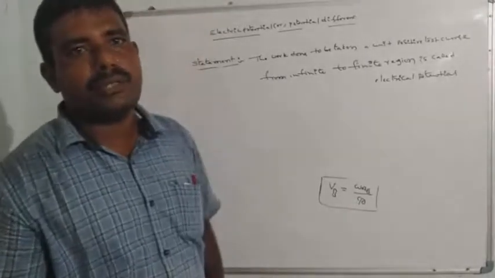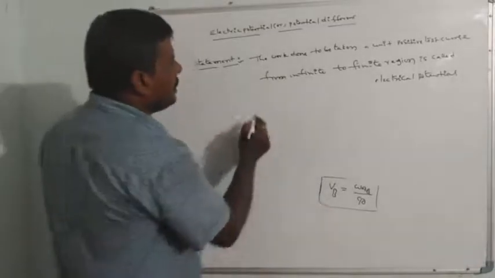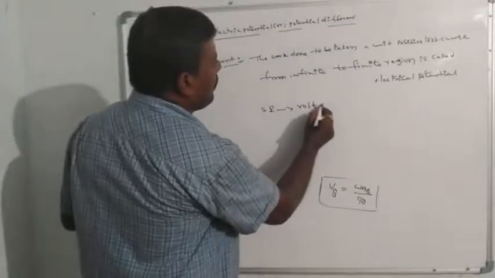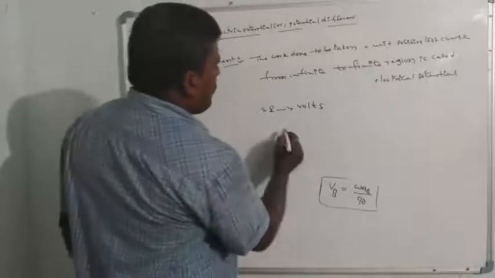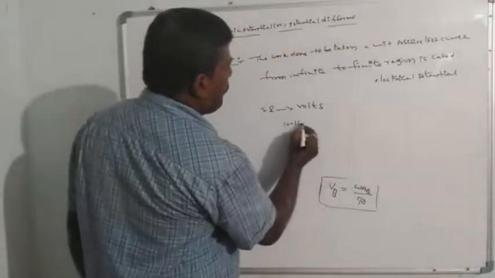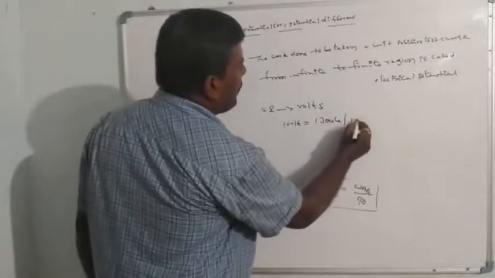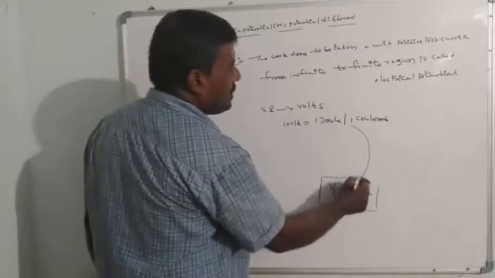The electrical potential is measured in SI units. The unit in SI is nothing but volts. So 1 volt equals 1 joule by 1 coulomb, by using the formula.